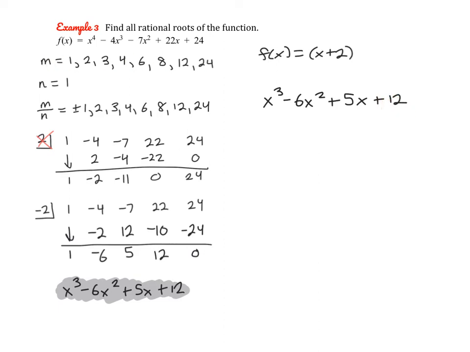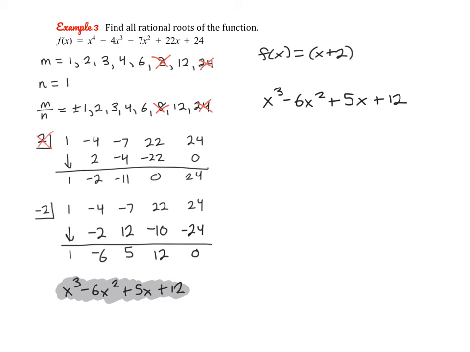So I'm going to reuse this list and just cross off the ones that don't work. So it would be 1, 2, 3, 4, 6, 8 doesn't work, and 12 doesn't work. So it narrows down our list a little bit. But again, we just need to start guessing and trying new numbers in this new reduced function.